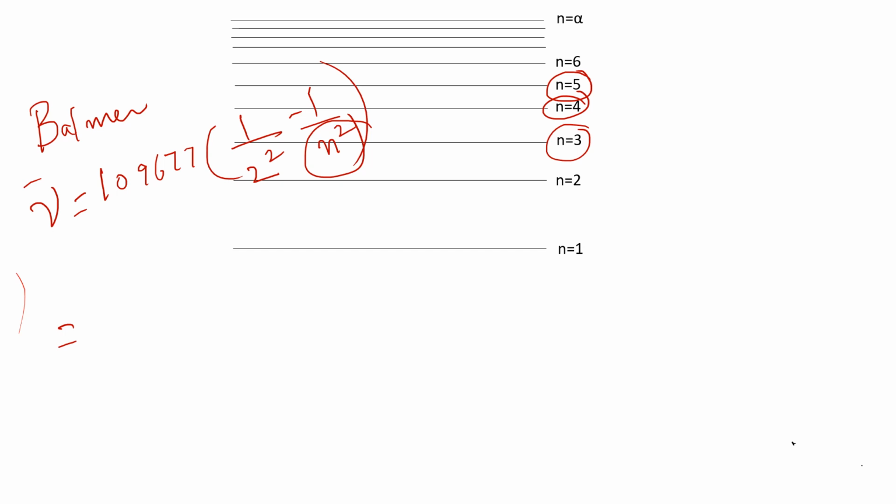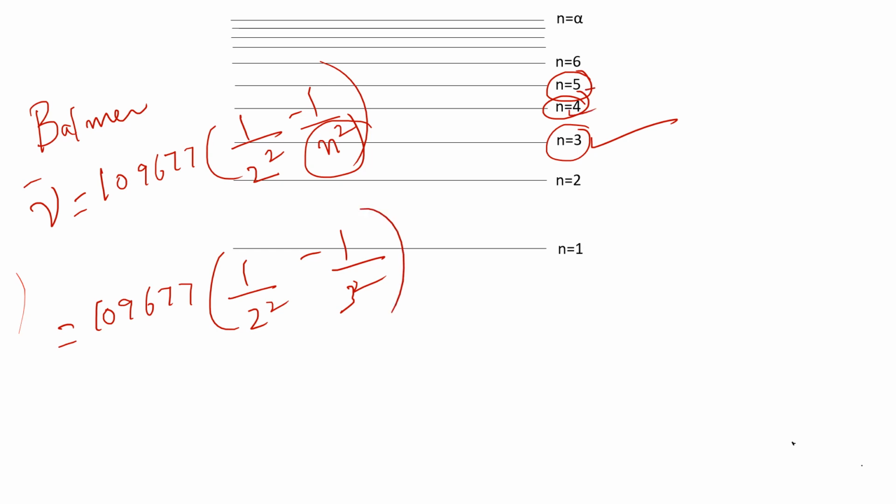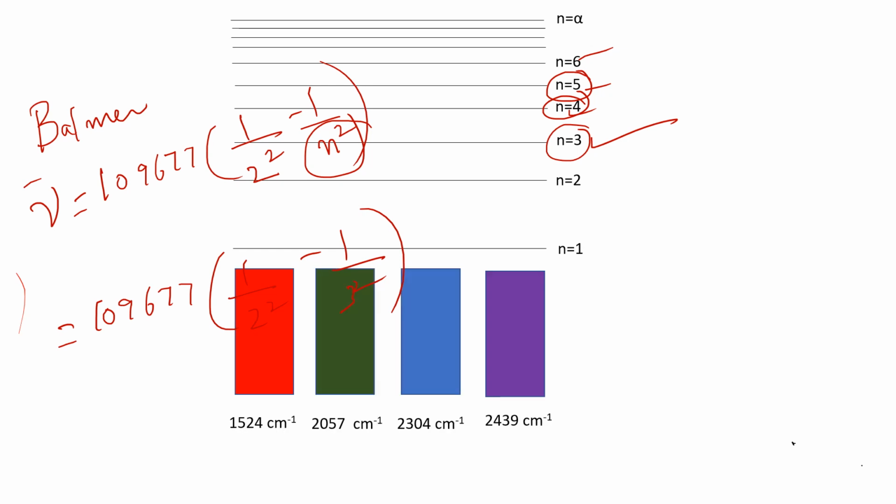He got 109677 into 1 by 2 squared minus 1 by, first he put the value of n equal to 3 squared, then he put the values 4, 5, 6, etc. And he observed that all the visible lines observed in the line spectrum of hydrogen matched with the wave numbers corresponding to the value of n equals 3.